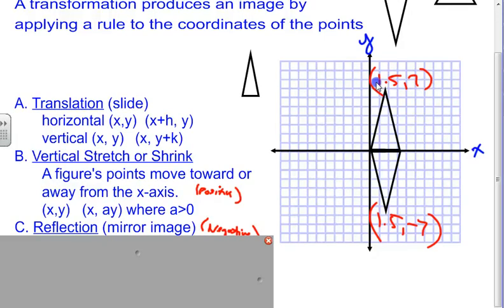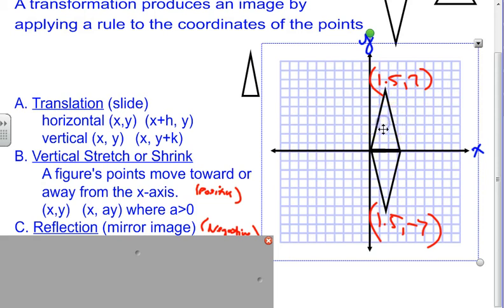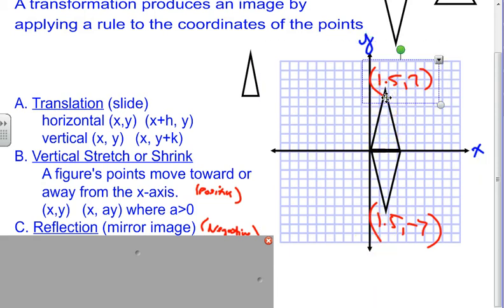If I take and flip across the y-axis, what do you think is going to happen to the map? I can grab this triangle. There we go. So if I take this and flip it across this axis, do you see that this point up here, 1.5, 7, has now become negative 1.5, 7, right?